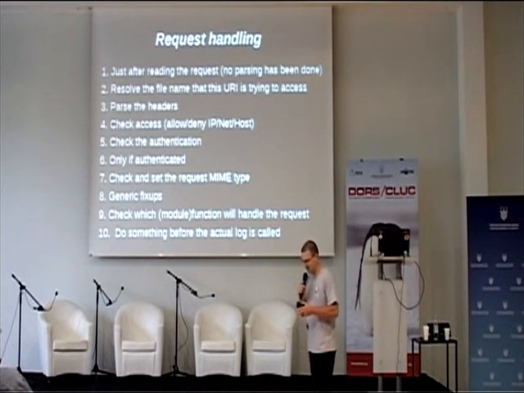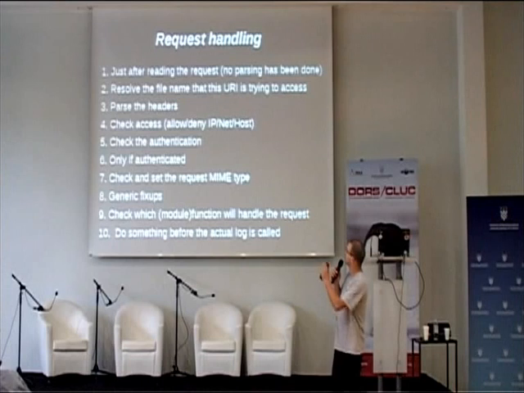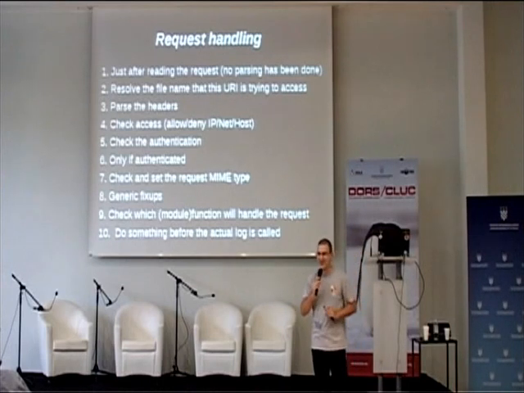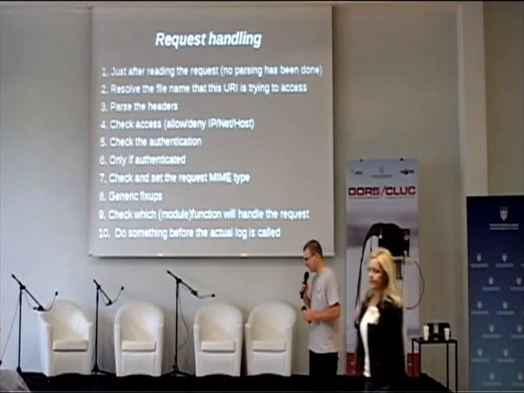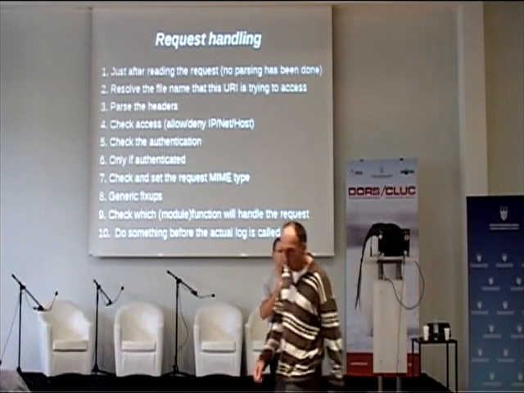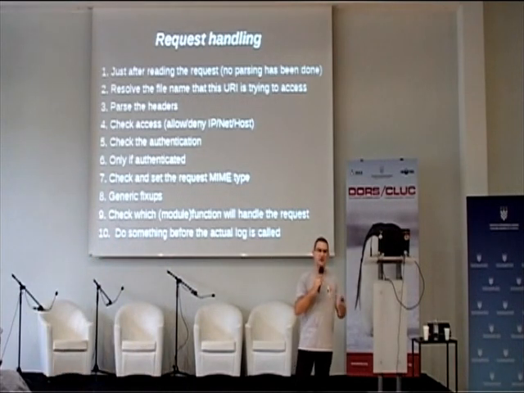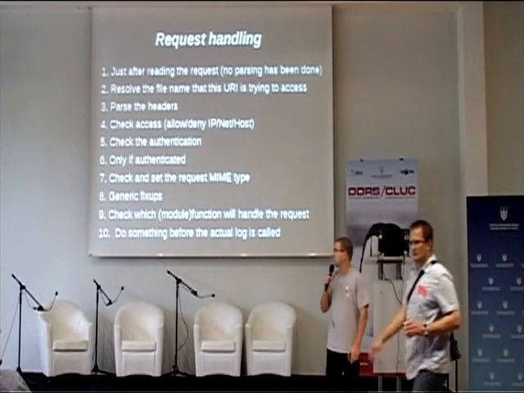So what you see here is 10 different steps, that are done for Apache 1.3. I know this is an old version of Apache and it's not current at all, but the same idea goes to all Apache web servers.